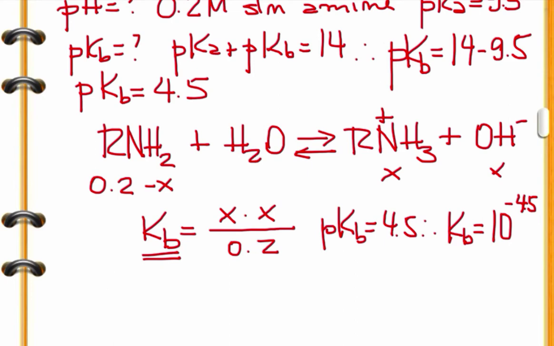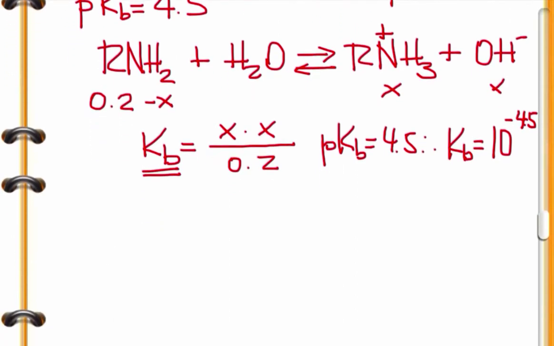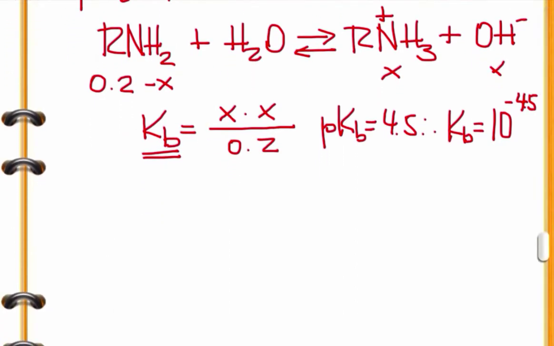You can plug this directly in the calculator and find the Kb. Then we get X squared equals 0.2 times Kb. Let's keep it as 10 to the power of negative 4.5.